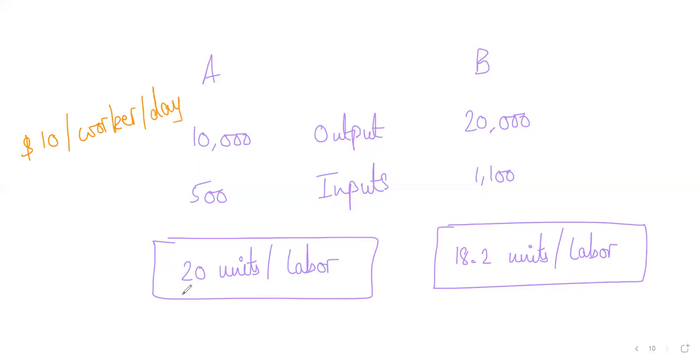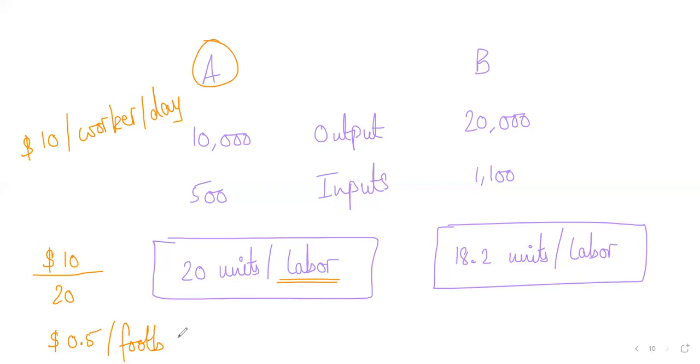Then this means what, right? If one labor is producing 20 footballs, then against $10, this factory A produced how many footballs? 20 footballs, which means that each football costed how much? That means that each football costed you $0.50.